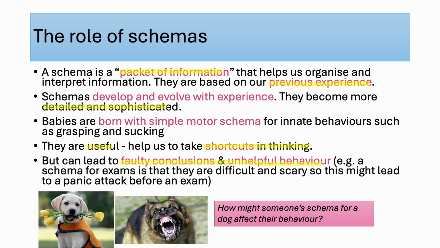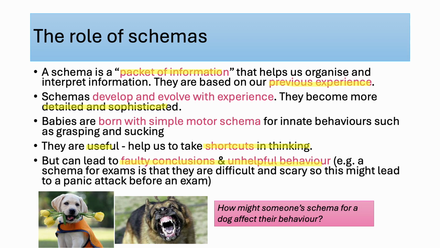They might cross the road when they see one, they might even have a panic attack, they might develop a phobia of all dogs, and that is a faulty conclusion because all dogs aren't necessarily dangerous, but having that schema of a dog behaving in that way can affect how someone responds to the dog.